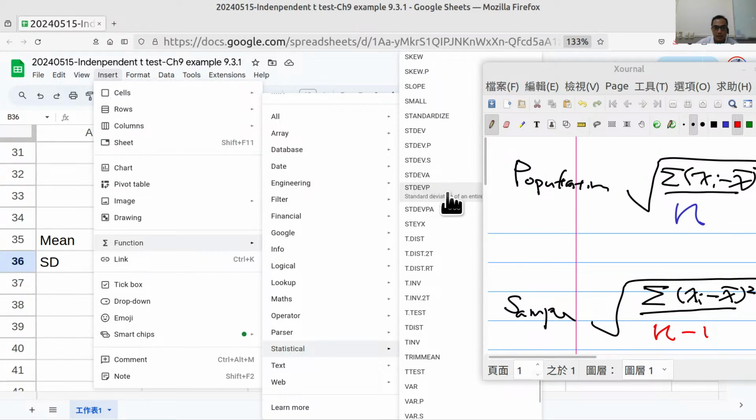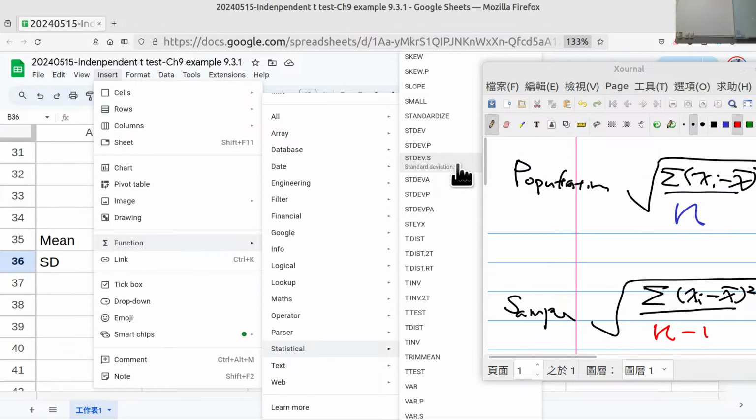Here you can select either this one or that one. Standard deviation P is population, or S for samples. Again, my question is, how can you know whether those heart attack patients are samples or populations?